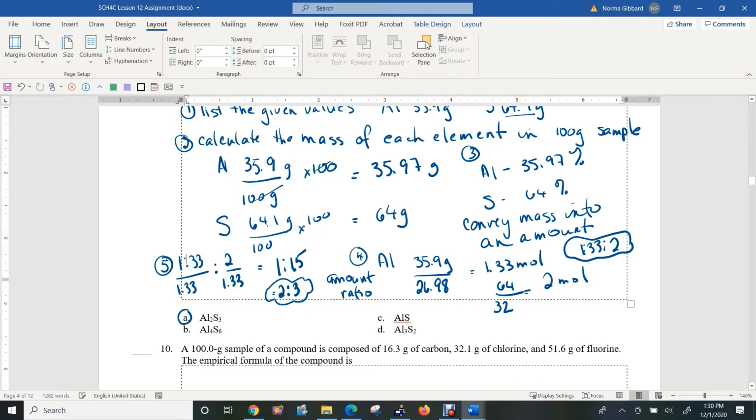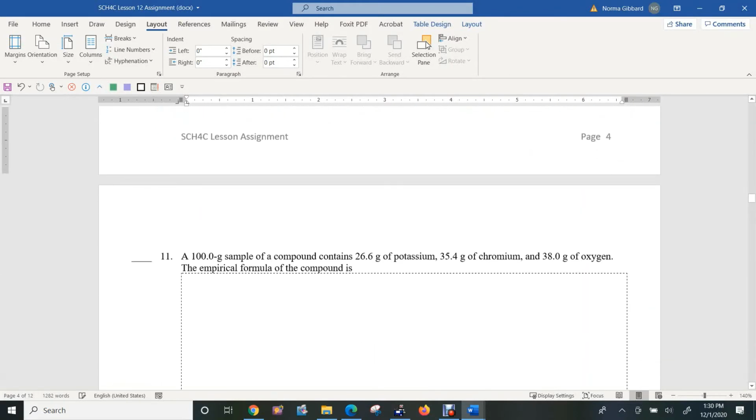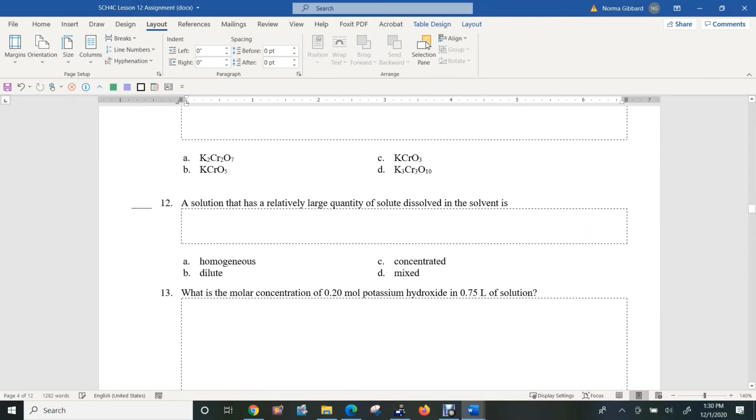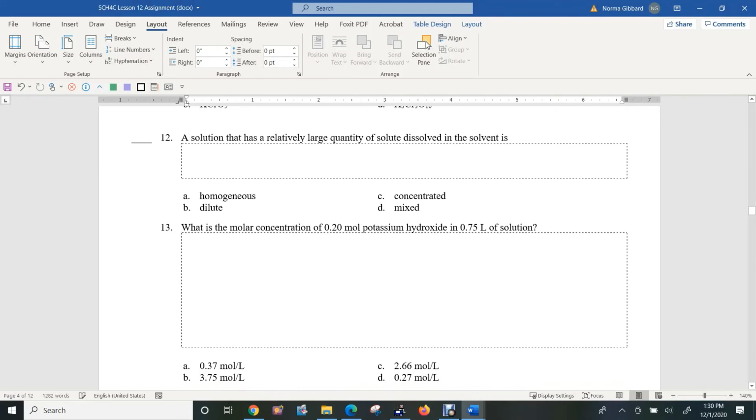Now, next question, because those are similar, is what is the molar concentration of 0.2 mole potassium hydroxide in 0.75 liter of solution?